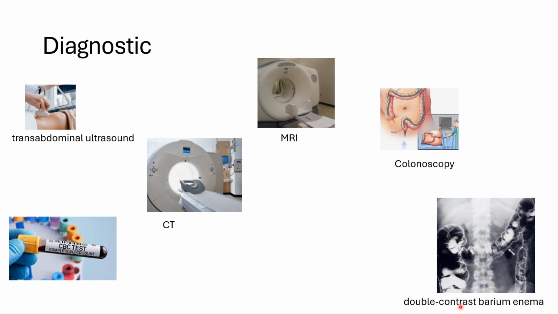Before we do it, we need to make sure that the patient doesn't have an obstruction in the colon, as well as doesn't have an allergy to the injection for the barium enema, as well as doesn't have a perforation. So it's very important to check those before we do the barium enema.